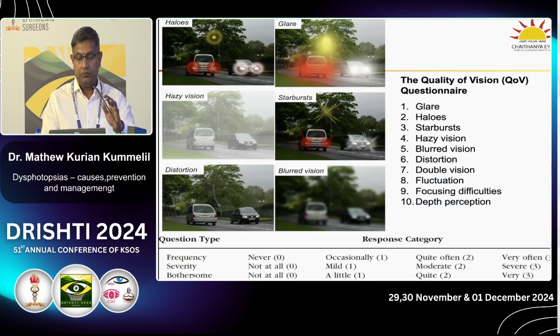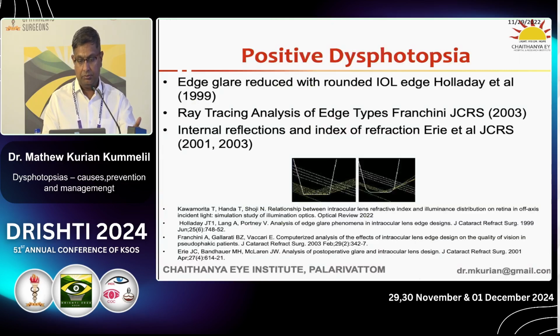The quality of vision and the impact it has can be measured by a quality of vision questionnaire, which was developed by a group from Australia. Images are there for the patients to be able to answer the questions better. Frequency, severity, and bothersomeness are graded, and a total score is given. Unfortunately, this is a paid questionnaire, so it is expensive to do.